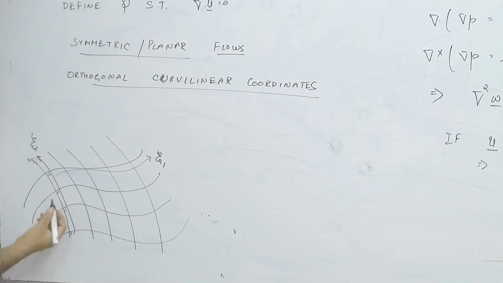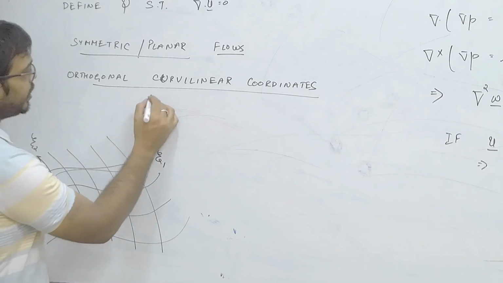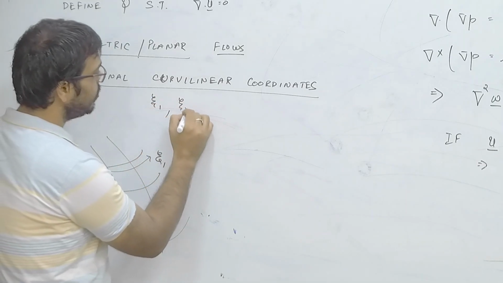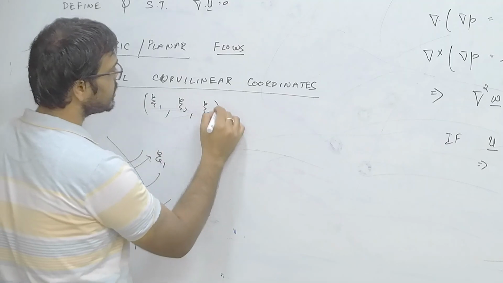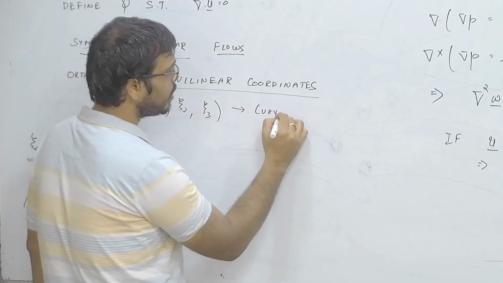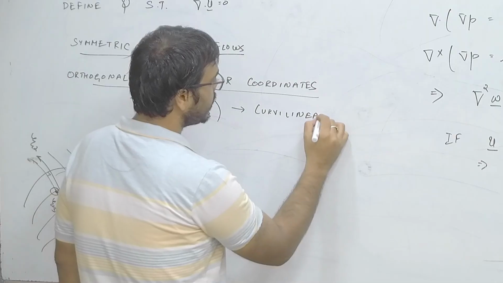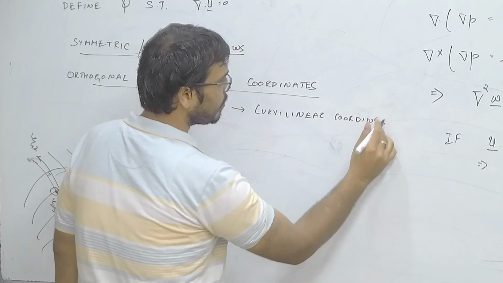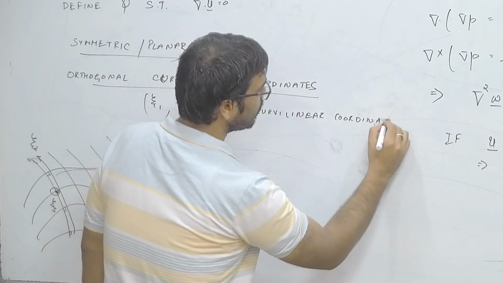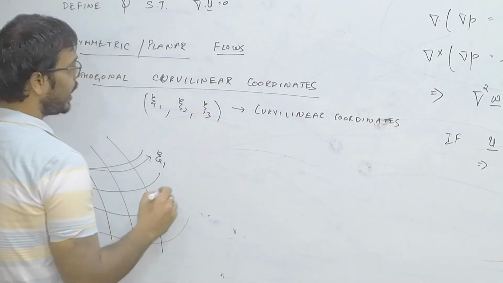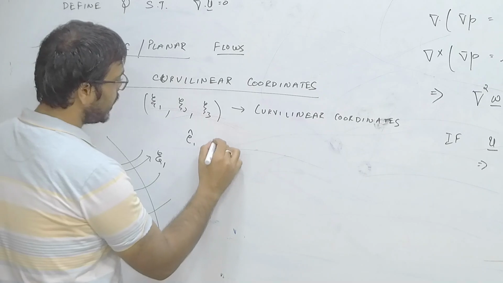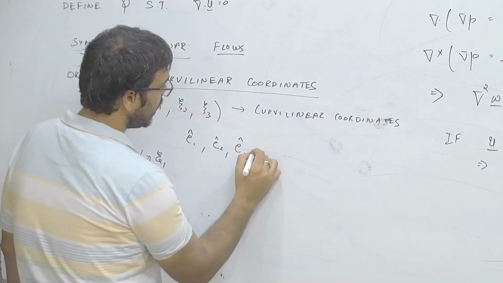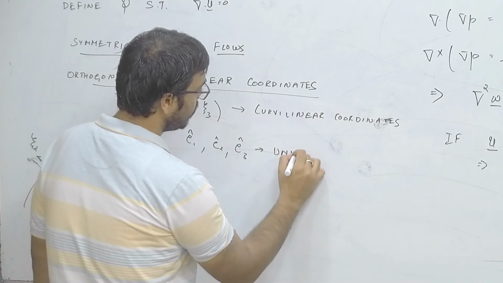There may be some other coordinate which is coming out of the board, and that would be C3. So, we have C1, C2 and C3 as curvilinear coordinates, and we will have e hat 1, e hat 2, e hat 3 as unit vectors along these coordinates.